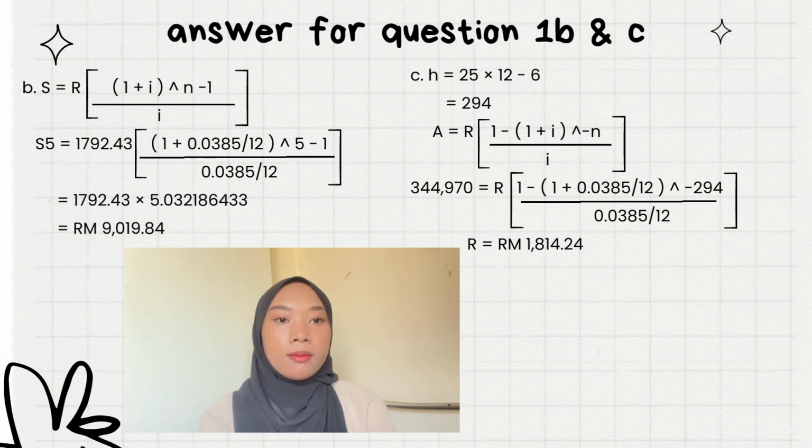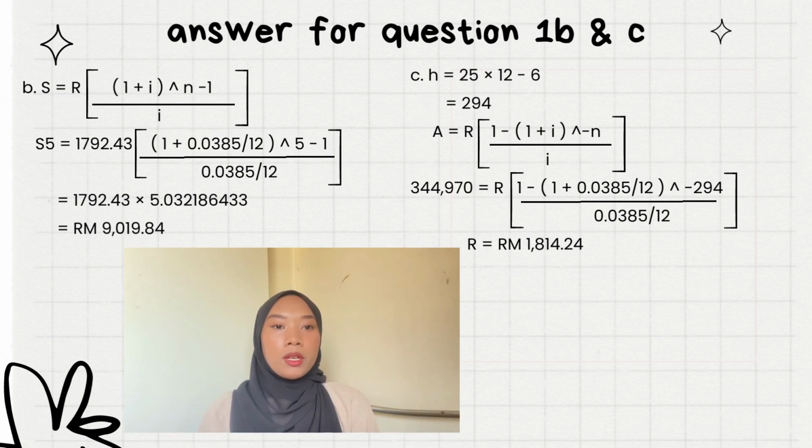Part A, question 1, the next part is we have to find the outstanding balance to settle this loan 2 years earlier. So we have to find the new N, which is 300 minus 6, we get 294 N. And the formula that we will use is A equal to R in bracket (1 minus (1 plus i) to the power of negative N) divided by i.